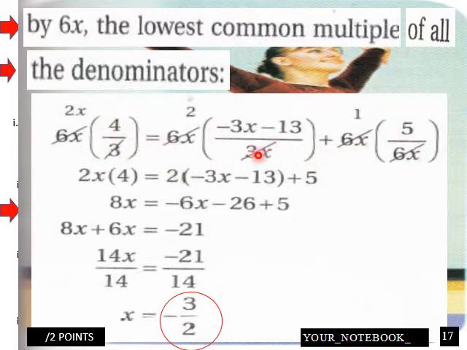These things cancel, and then we end up with this expression here, 2 minus 3x minus 13 plus 5. It's way simpler because we've eliminated our denominators, and then we just combine like terms after we do our multiplication here. So we get 8x equals negative 6x minus 26 plus 5. Combine like terms, then we end up finally with x equals negative 3 over 2 for x.